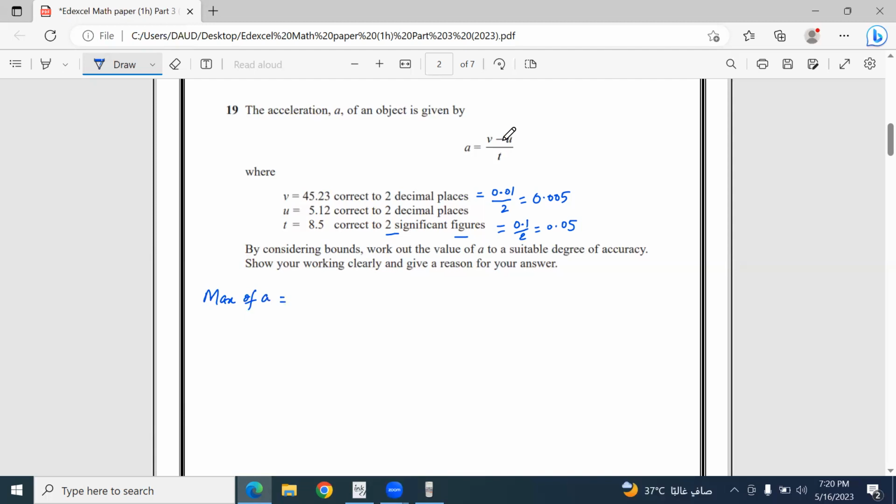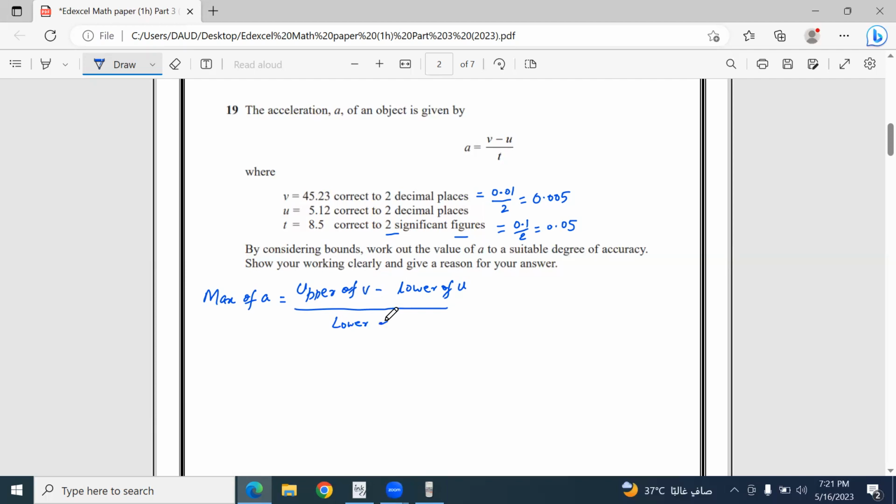So whenever you have a divide case, we always look at the maximum or upper of the numerator and the lower value of the denominator. So how can you find the maximum of the upper value or numerator value? I try to make the rule: upper of v minus lower of u over lower value of t.